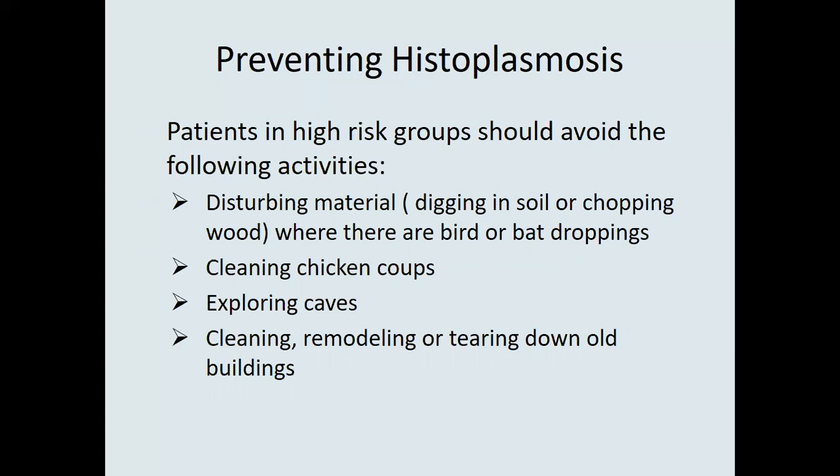I knew someone in college who was a big spelunker, and he was healthy, but he became quite sick with histoplasmosis from crawling around on the cave floor where all of that histo tends to grow. And then tearing down old buildings, again, you're stirring all that soil up with the histo. So that's probably pretty good advice for people, especially that are immunosuppressed.